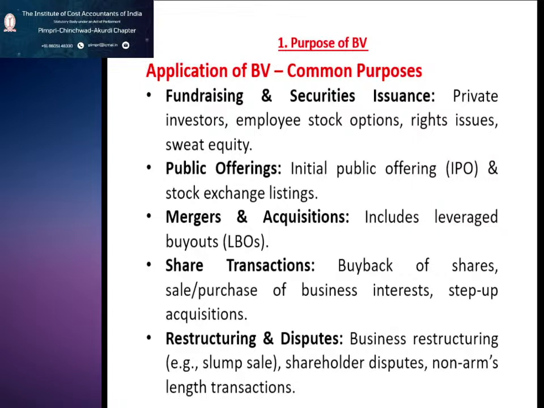And lastly, restructuring and dispute resolution. Examples are business restructuring such as slump sale, shareholder disputes, and non-arm's length transactions. For all these purposes the valuation is essential.